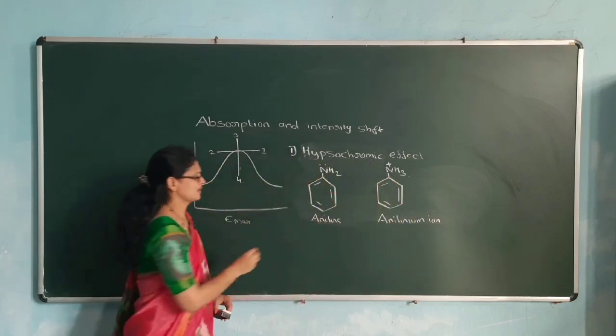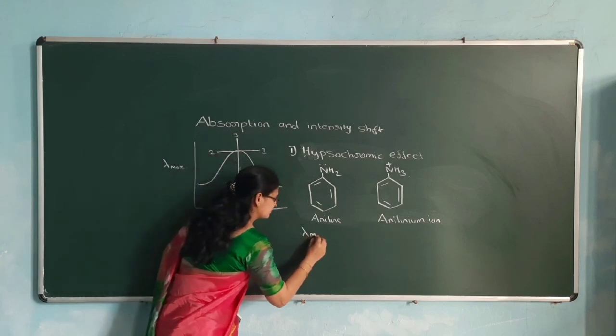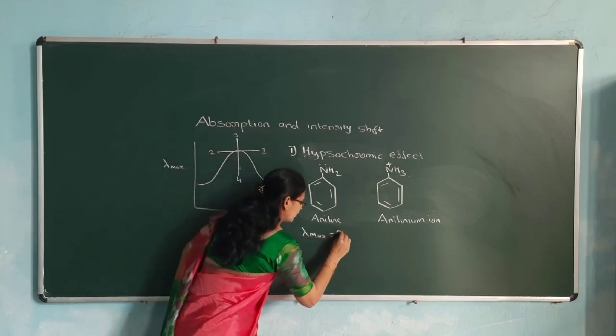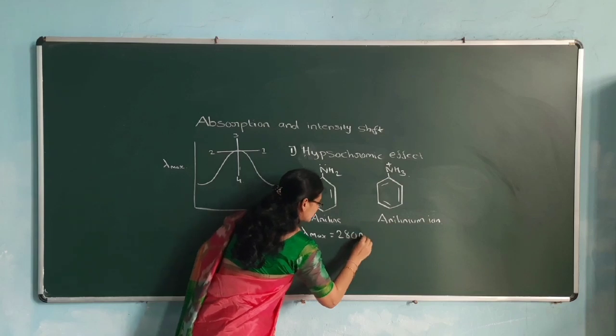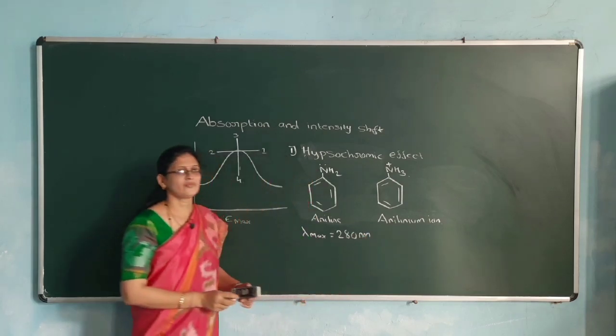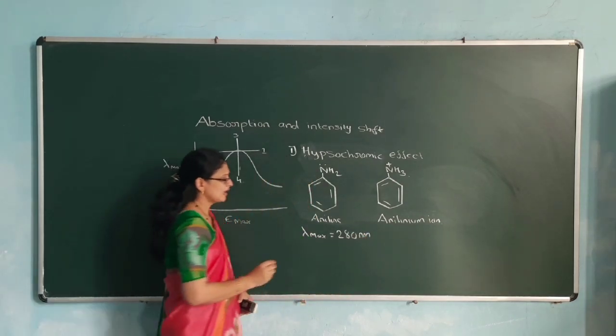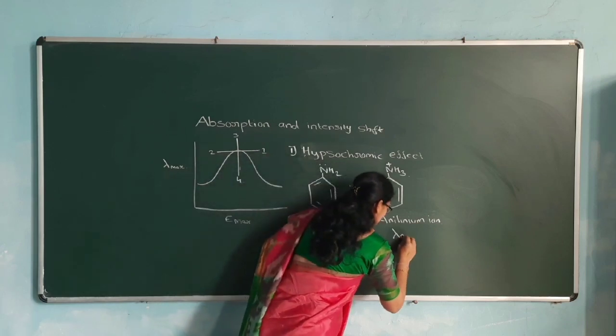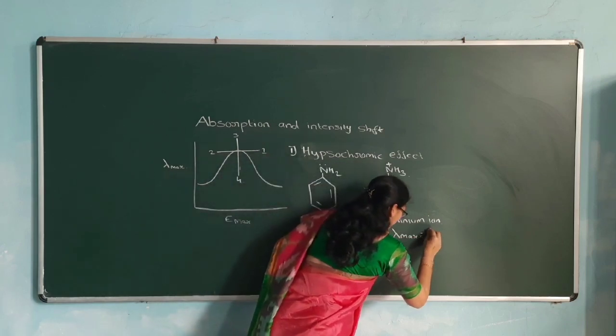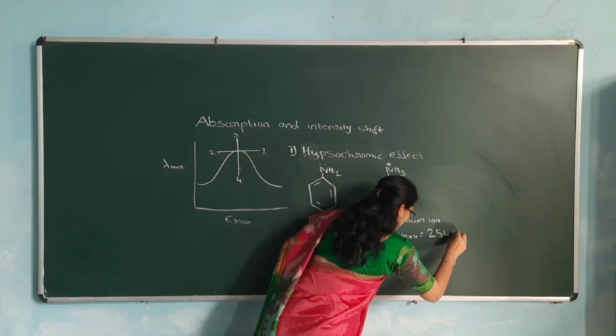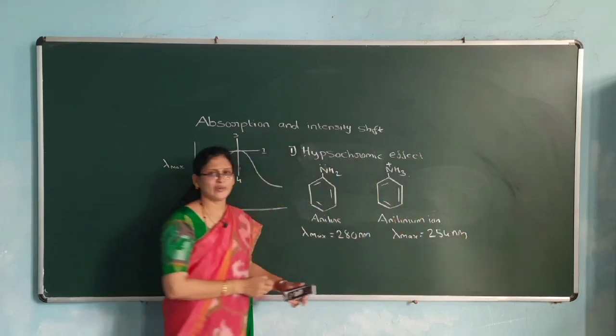The lambda max for aniline is 280 nanometer, and for the anilinium ion, the lambda max is 254 nanometer. See the change in the wavelength.